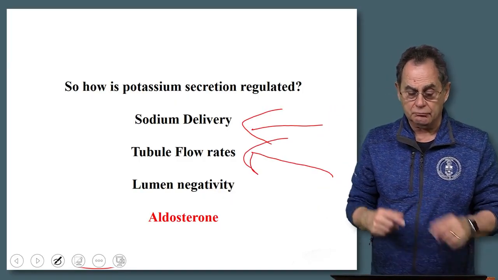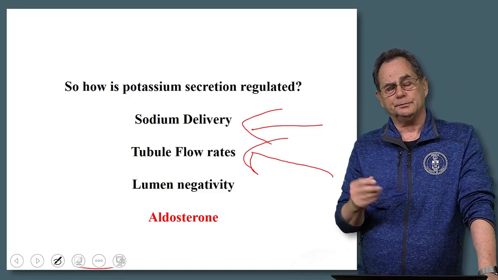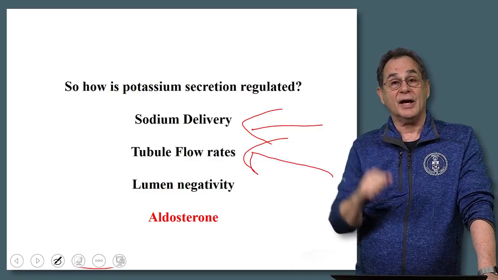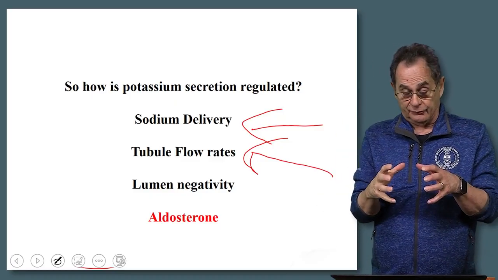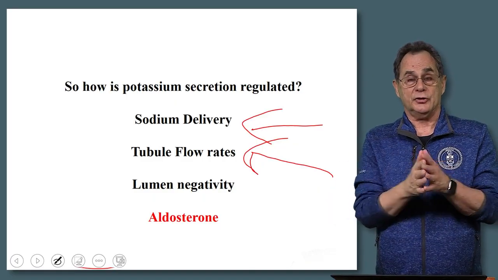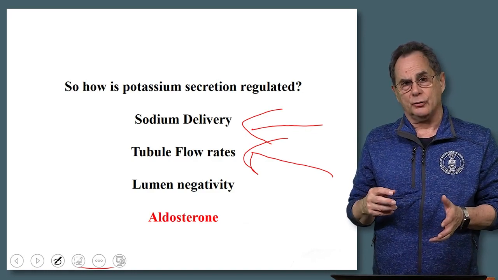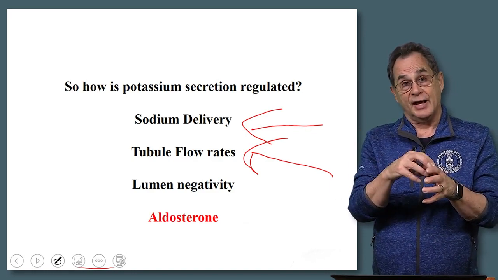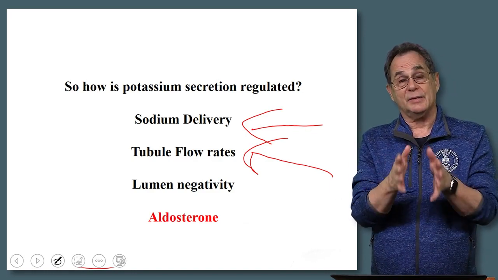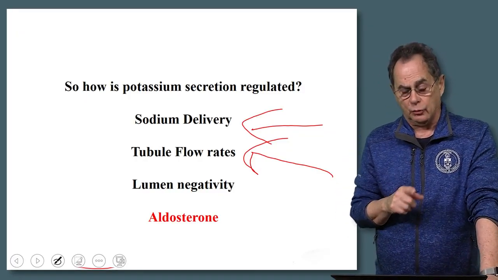Tubular flow rates: the higher the flow rate in the tubule, the lower the potassium concentration. You can imagine that if there was no flow, you'd pump potassium into the lumen until the concentrations equilibrated. But if you have running water through that lumen, you put the potassium in, it flushes it away, and it keeps the concentration low. So sodium delivery and tubular flow rates.